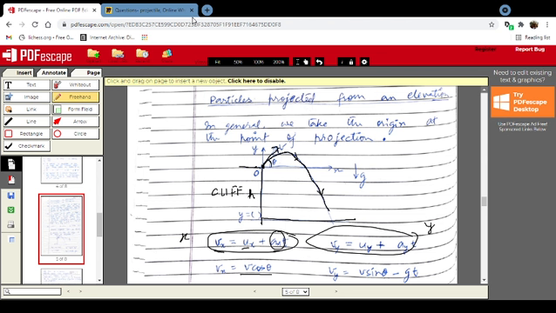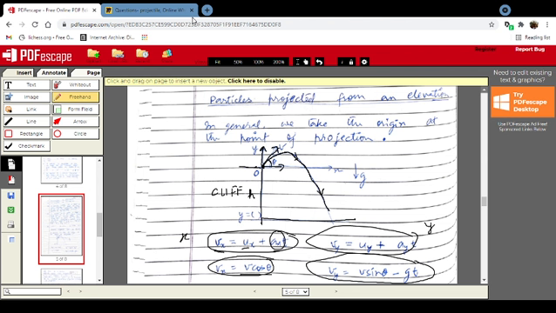So all the equations more or less remain the same. The velocity along horizontal and along vertical is calculated in the same way as we calculate in projectile motion. The velocity along y direction also remains the same, v sin theta minus gt.